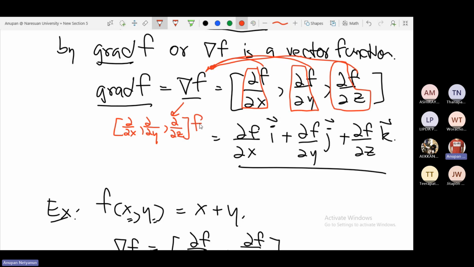Remember, when you have a vector and you multiply by f, you just distribute f to every term.